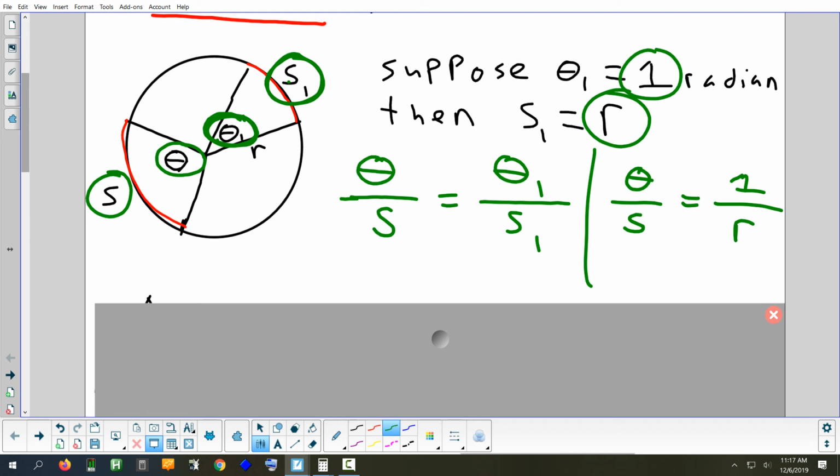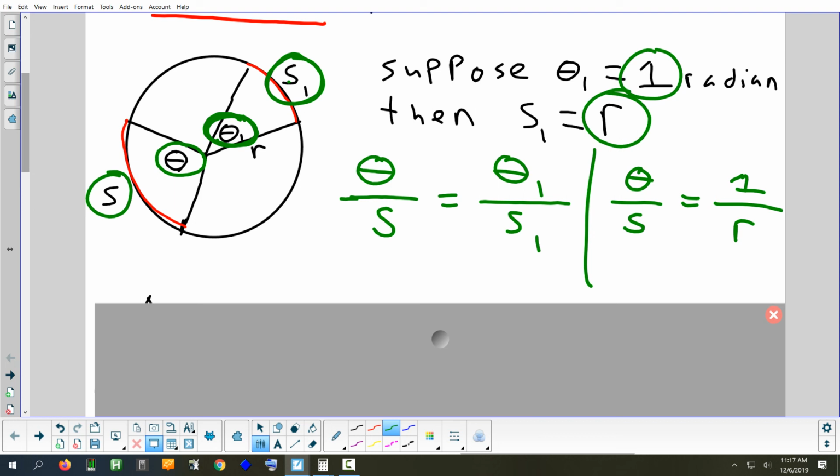Okay. Now I need to solve that proportion. And once I solve it, that will be my formula for the length of an arc. So Brandon, how do I solve that proportion? How do you solve a proportion, or any proportion?